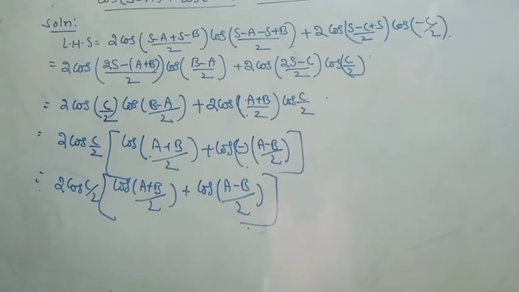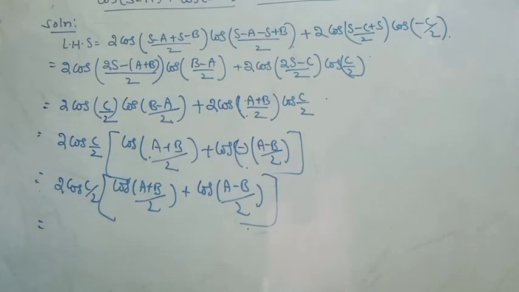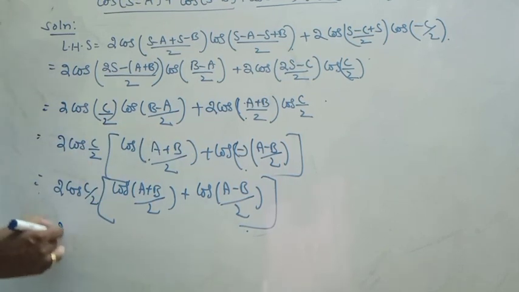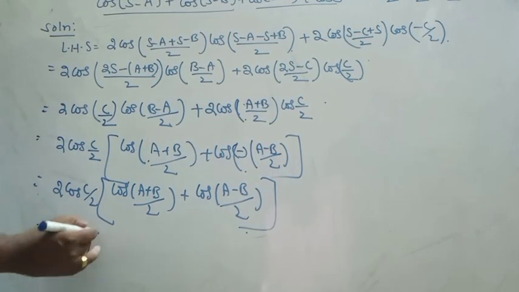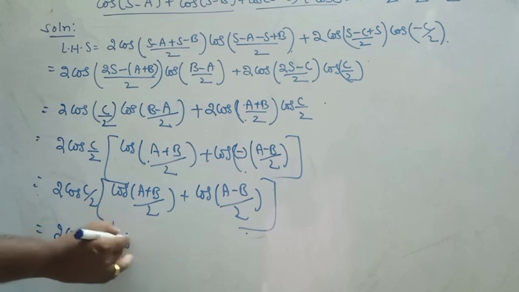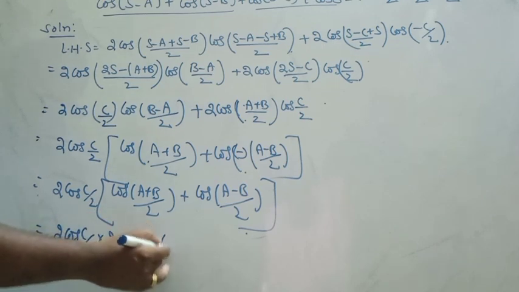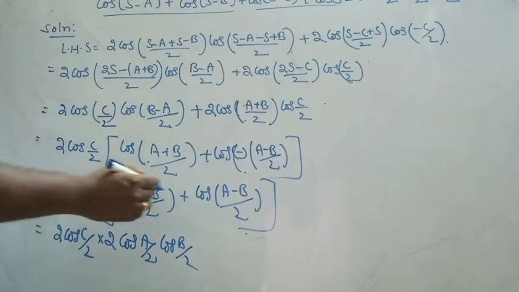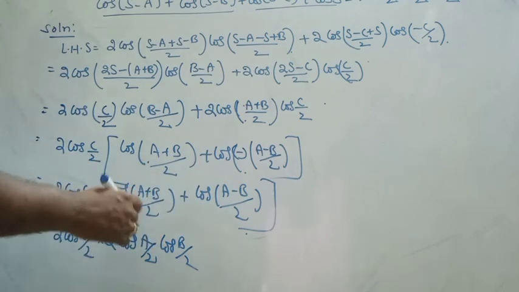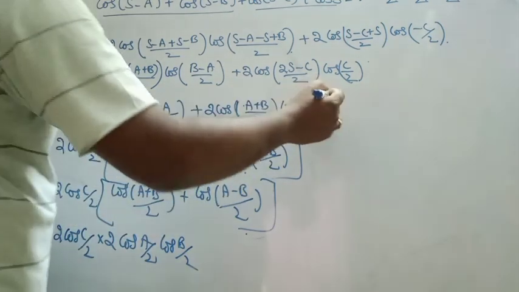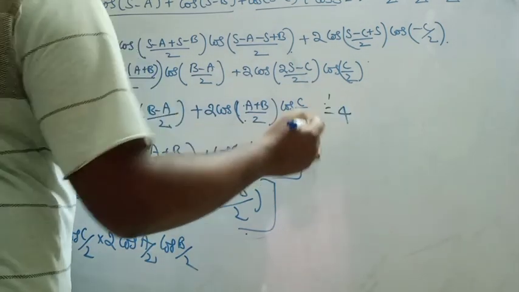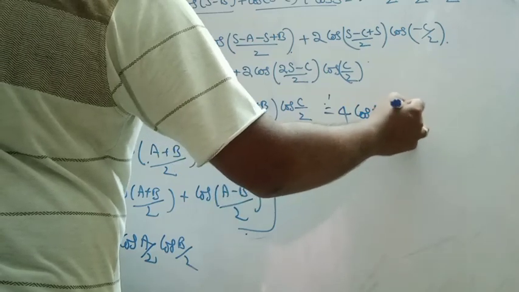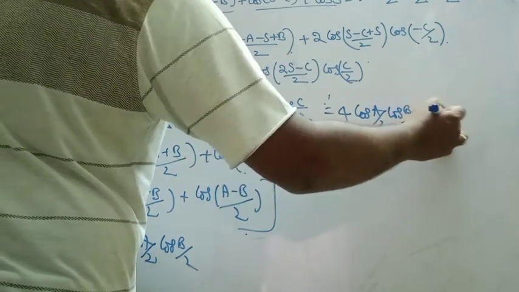Now you know the formula, cos A plus B plus cos A minus B, that is nothing but 2 cos c by 2 into 2 times cos a by 2 into cos b by 2. Because 2 cos A cos B, that is now a by 2 into b by 2. That is nothing but now 2 into 2, 4. 4 cos a by 2 cos b by 2 into cos c by 2.